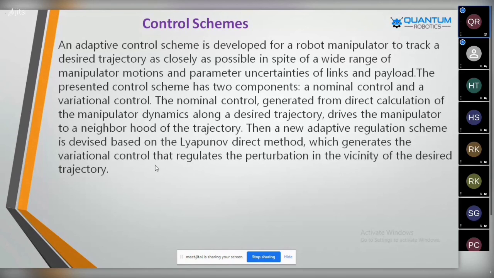The presented control scheme has two components, a normal control and a variational control. In the previous lectures we discussed the control system, what it is and how it is executed.